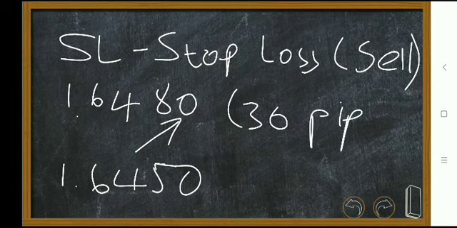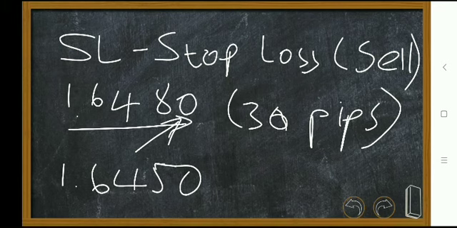Because in some cases, it depends on your signal provider or how you prefer it. You might be given the price for your stop loss, like put SL at this price, or they might say SL is at 30 pips, depending on your entry. So this is the stop loss for a sell. The stop loss for a sell is higher than the entry price, and the stop loss for a buy is lower. Let me just write this down.